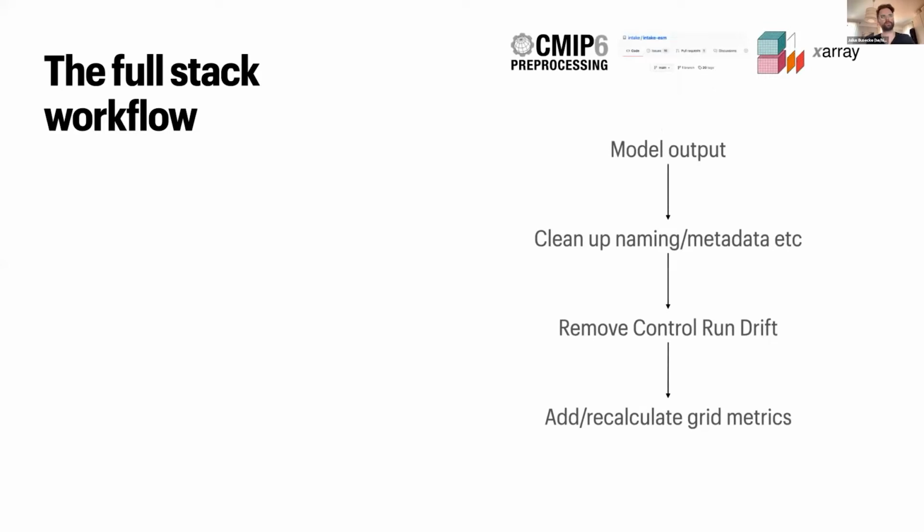So the model output here was actually downloaded. This was not done in the cloud, but I'm going to talk about that a little later. Basically, the model output was downloaded to an HPC system over at Princeton University. And then I set up a custom intake-esm catalog that enables you to easily load all of these many datasets into xarray datasets.